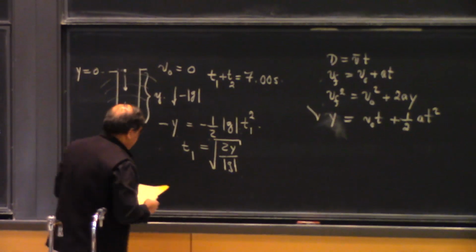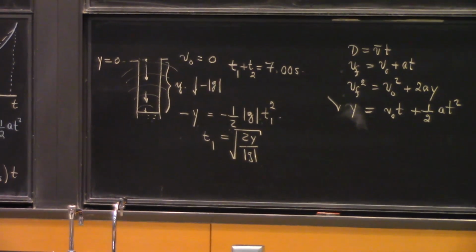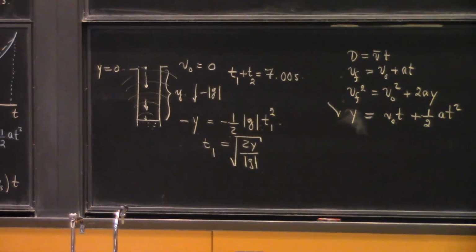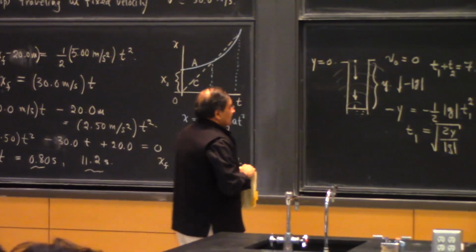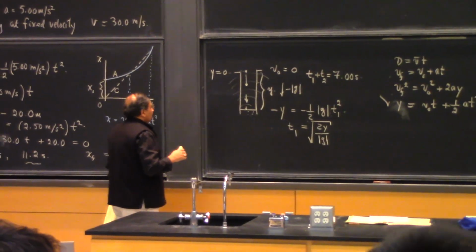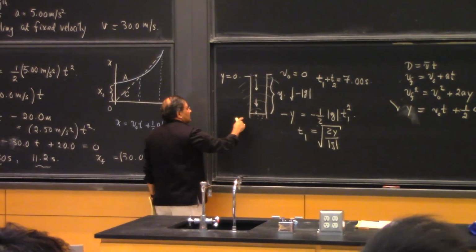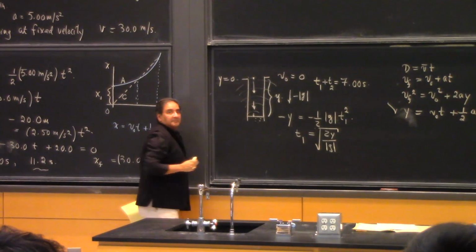I don't know what y is. The other thing is that I also know that the sound is traveling from the bottom to the top. Now, here I have to be a little bit careful, because as far as the sound is concerned, the sound is not starting here and going down. Sound is starting at the bottom and coming up.